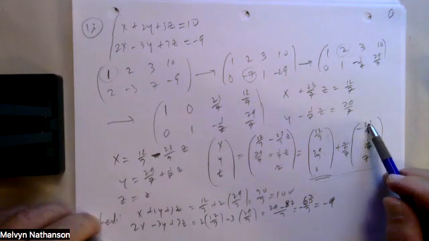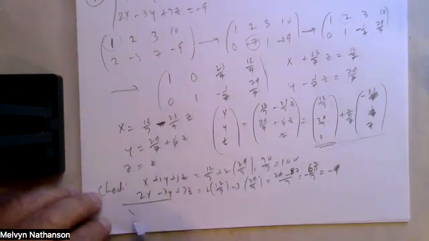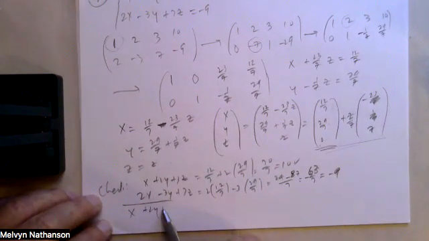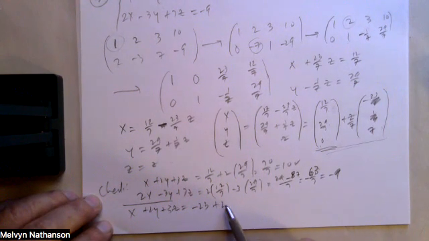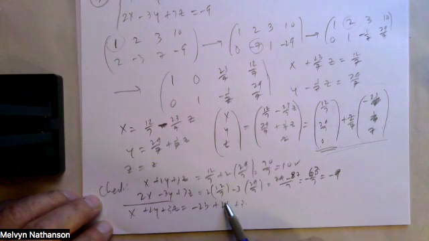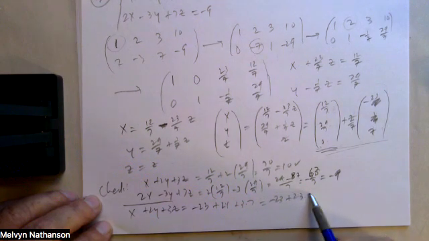Let me just use the numbers minus 23, 1, 7. So x plus 2y plus 3z is minus 23 plus 2 times 1 plus 3 times 7, which is minus 23 plus 23, which is 0.